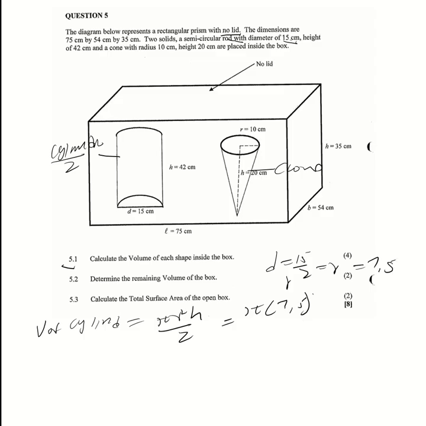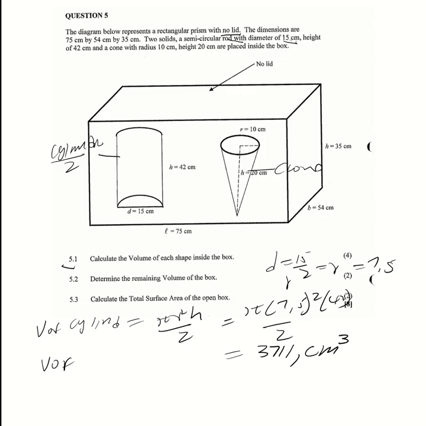So this is pi times 7.5 squared times the height of 42, divided by 2. The volume here is 3711 centimeters cubed, because that's the volume.